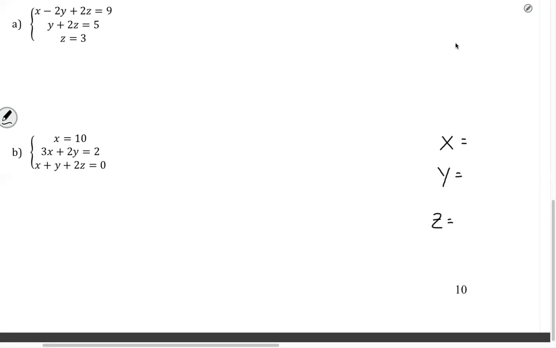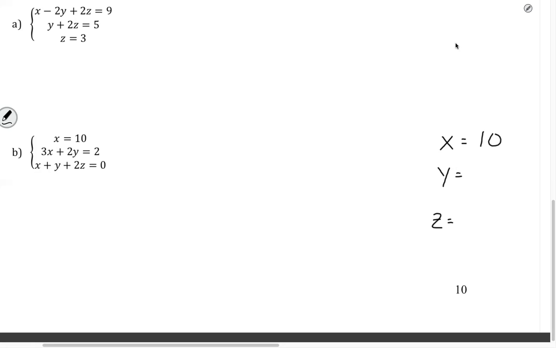So if we look over here, this is back substitution. This is the basic stuff. Very basic. So we have X equals 10. If I write that over here, I only need to find 2 more things, Y and Z. Now I'm going to look at my 2 equations, the middle equation and the bottom equation.